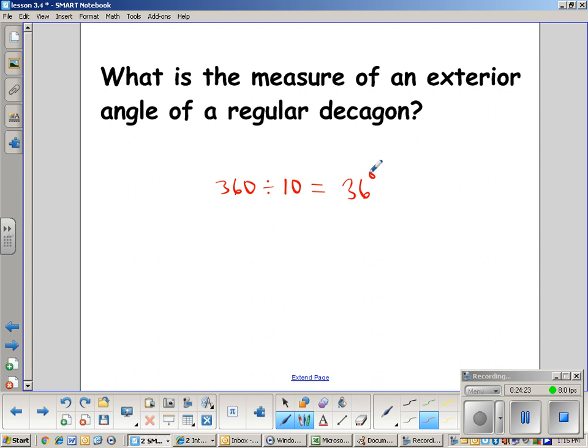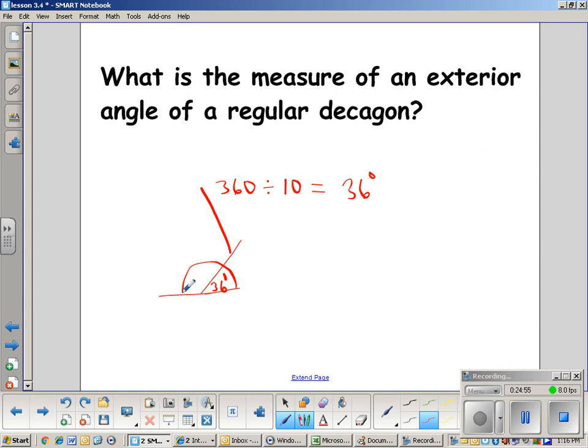What would the measure of the interior angle be for this one, Alyssa? I don't know. Megan, tell Alyssa how you'd find the measure of the interior angle. Yeah, if you look at just a portion of this decagon, it might look like this, and we just discovered this exterior angle is 36. So how do I find that interior angle?